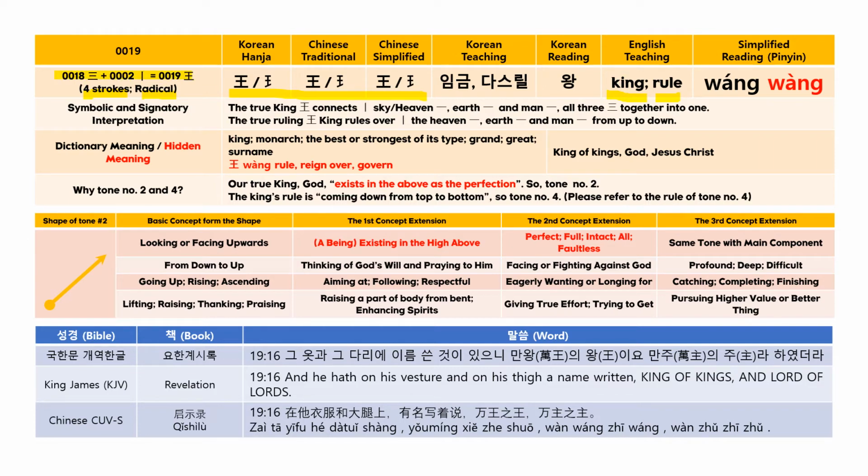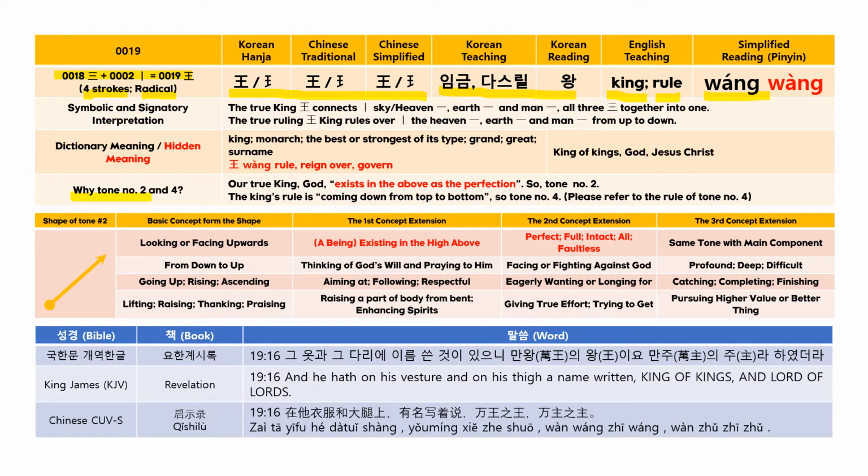In Korean language, we teach 임금 왕, 다스릴 왕. 임금 means king, 다스릴 means rule. It's a verb. And Chinese pronunciation in mainland China, the standard Chinese language, wáng, wáng, having the tone number 2 value.